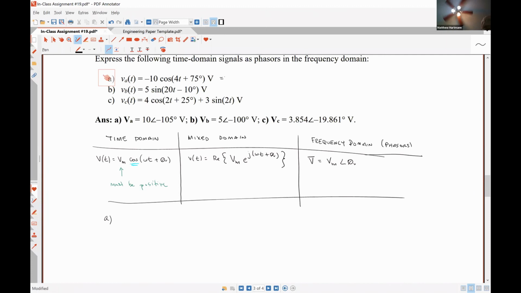So not 180 minus 75, it'd be 75 minus 180. Yeah. Okay. So this would be 10 cosine 4t. 75 minus 180 degrees is negative 105 degrees. So that means that VA, our phasor, what's the magnitude of our time domain VA?